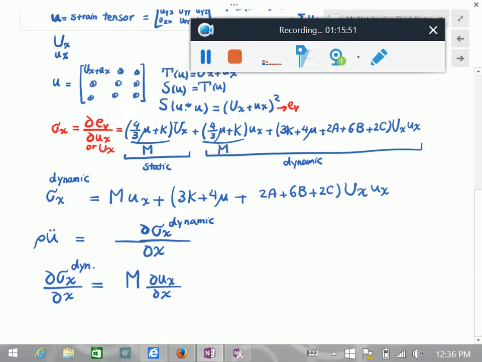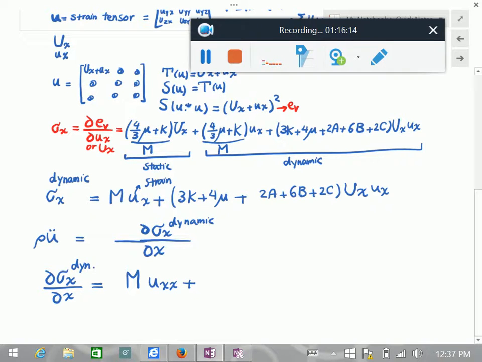Remember that u was a strain itself, so this u is a little bit different from the u we had before. I can write uxx, maybe it's better. But this is a strain itself. So that's why now it is the derivative uxx.